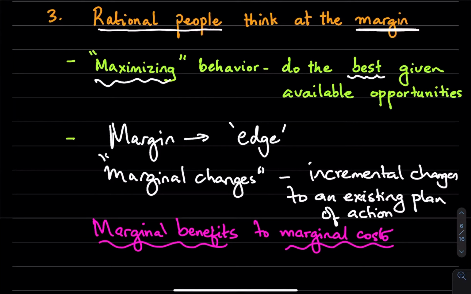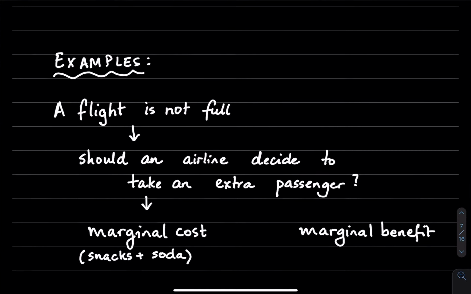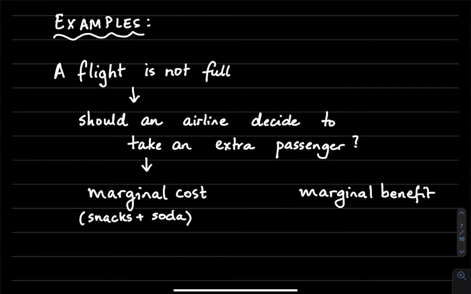Okay. So let's take, for instance, an example which involves a business decision. Consider United Airlines, which has to decide what to charge passengers who fly standby.